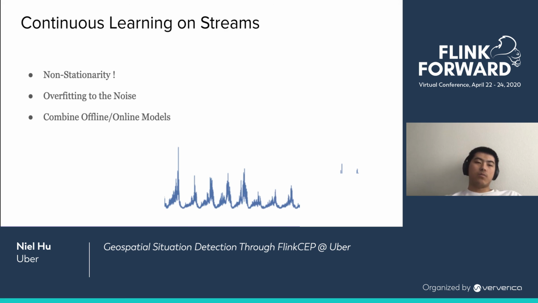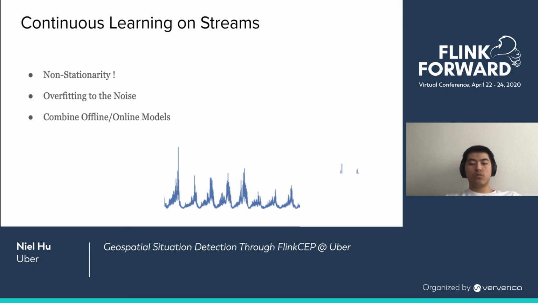Lastly, I want to talk about our experience using machine learning on streaming data. Machine learning is a hot topic, but applying it on streaming data is quite different from traditional batch training on static data. Usually at Uber, we have models to predict estimated quantities in our marketplace.